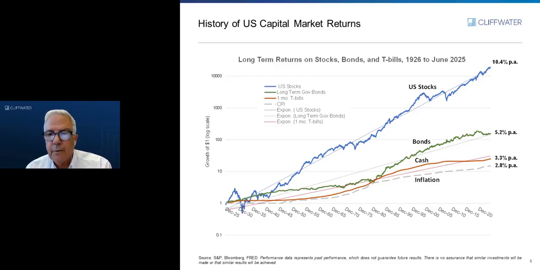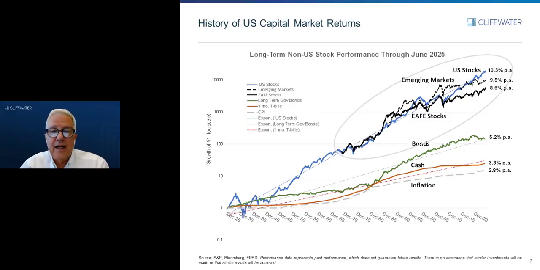And we'll talk later about how yields right now are fairly attractive against historical averages. And again, cash as a long-term investment averages about 0.5% per year above inflation, at 3.3% minus 2.8%, or roughly 0.5% per year.